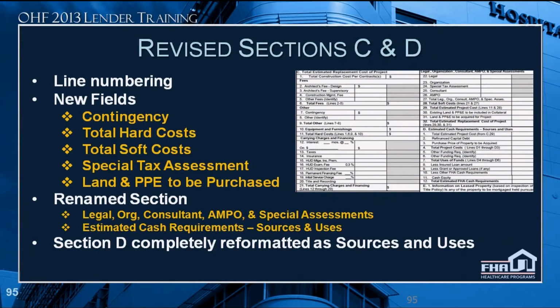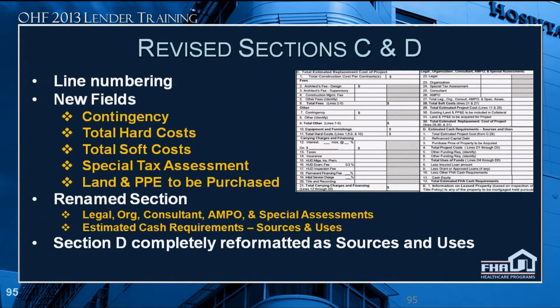One of the other things you'll notice in here, it used to be that we had field 1, which was construction, and field 2, and it had all these other lines in it, and it was all field 2. So we talked about 2A, 2B, or 6A, 6B, 6C. We just gave every line its own number. Let's solve the problem. Let's make it easy in here. You're going to find some new fields.